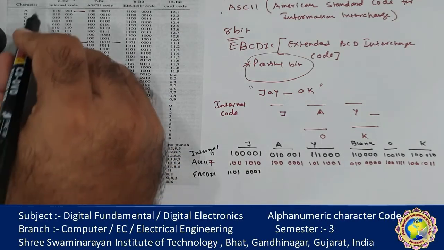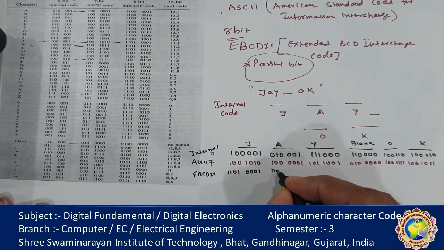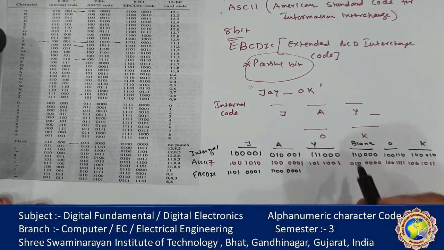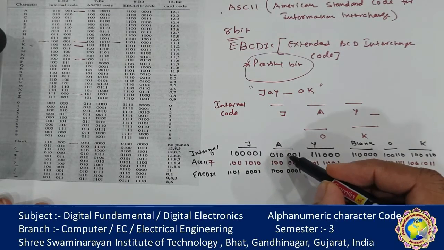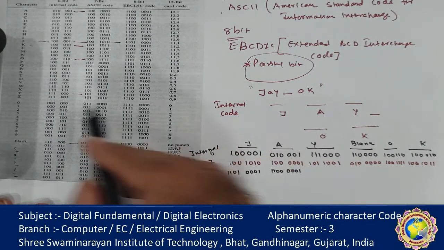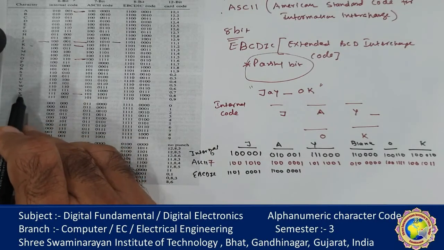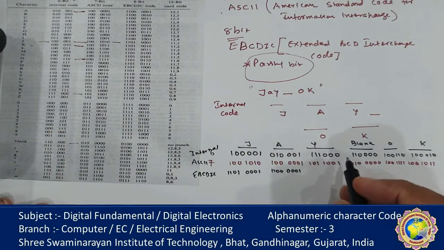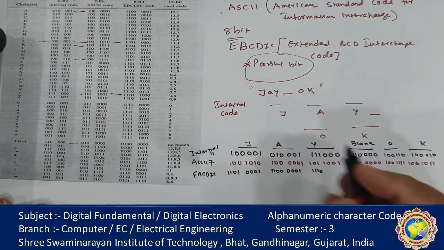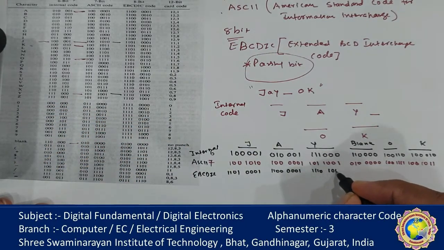A is equal to 1100 and 0001. The last 4 bits are almost equivalent, only the parity bit is added here. Y is equal to 1110 and 1000.